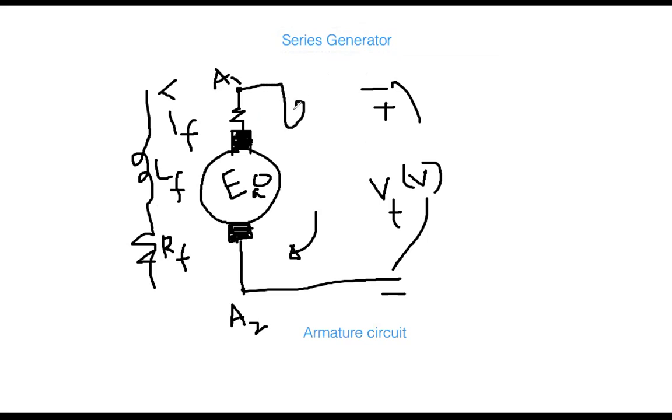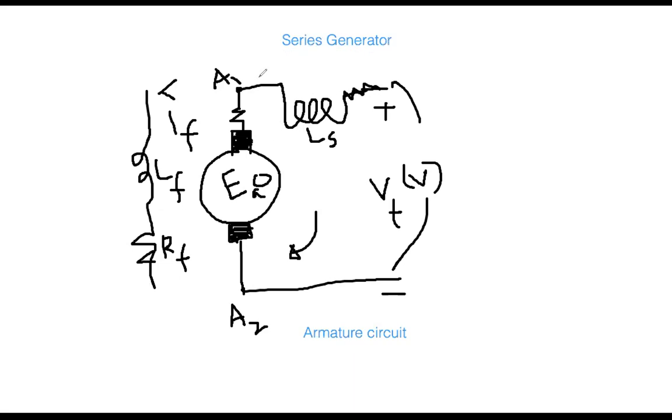For example, the main field coil is here. You see, it is clearly in series. So this is your LS, the series field, and of course you can assume that it has some resistance. This is the main field coil, and it is connected in series with the armature. Accordingly, it is called a series generator.